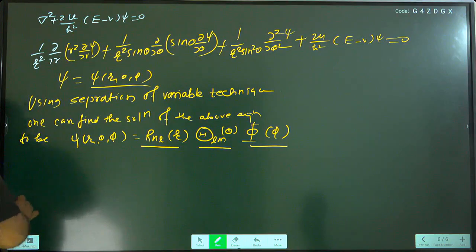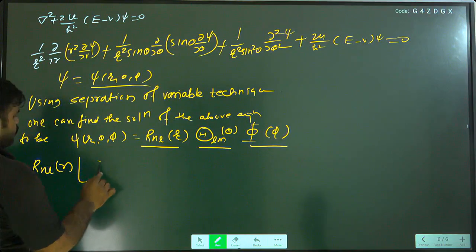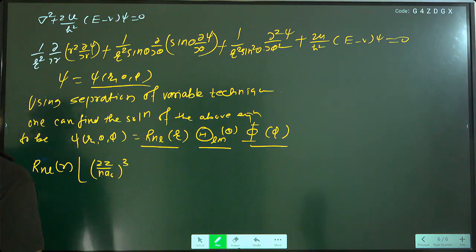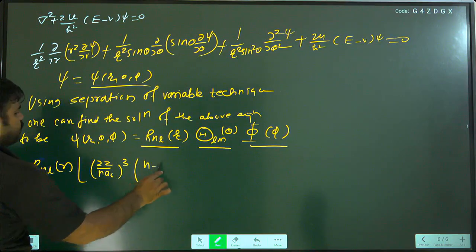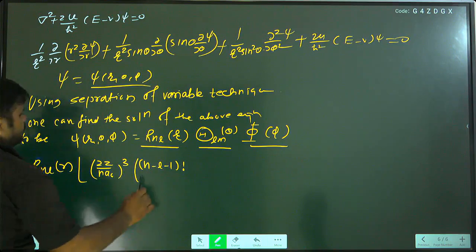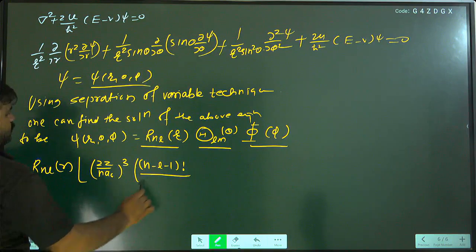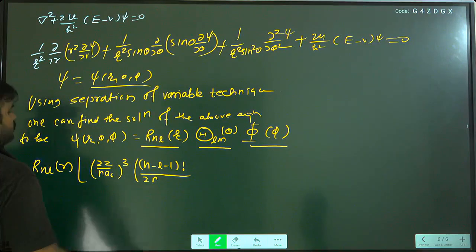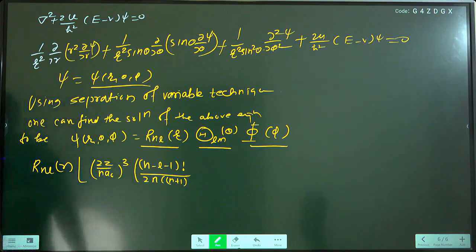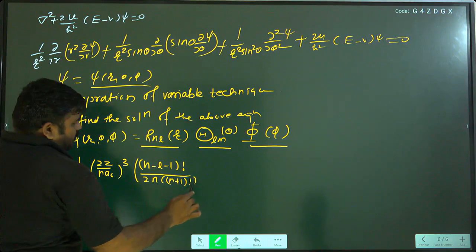Okay, now R n l of r is equal to how much then? 2z upon n a naught cube, into n minus l minus 1 bracket complete factorial upon 2n into n plus l bracket complete factorial bracket is to cube.